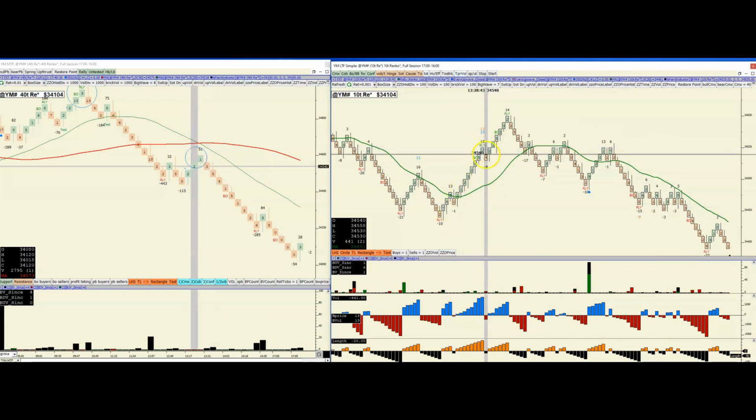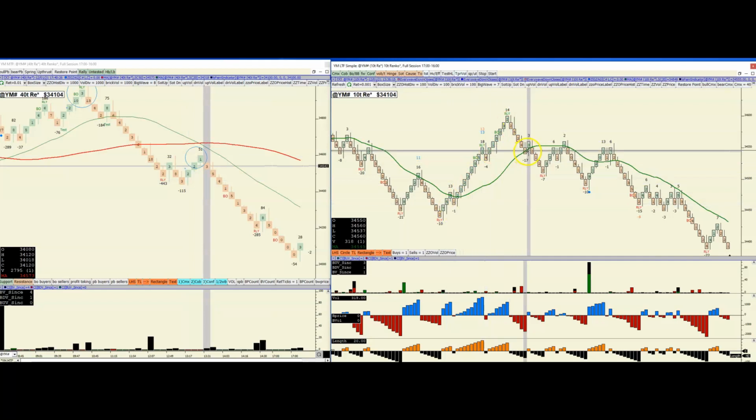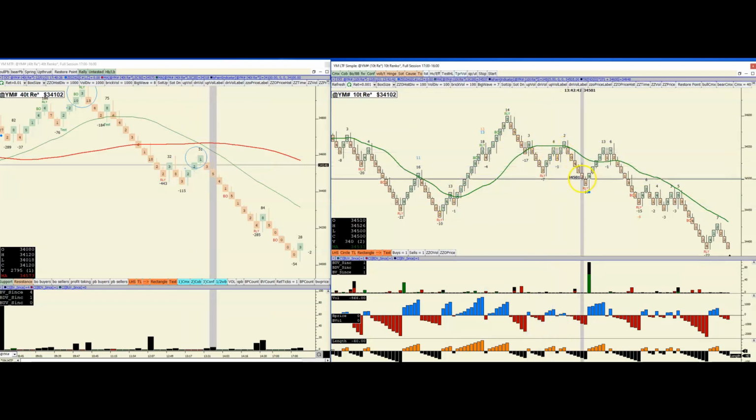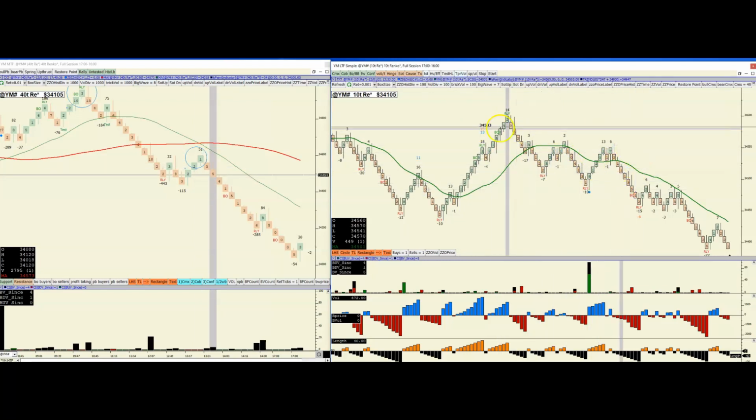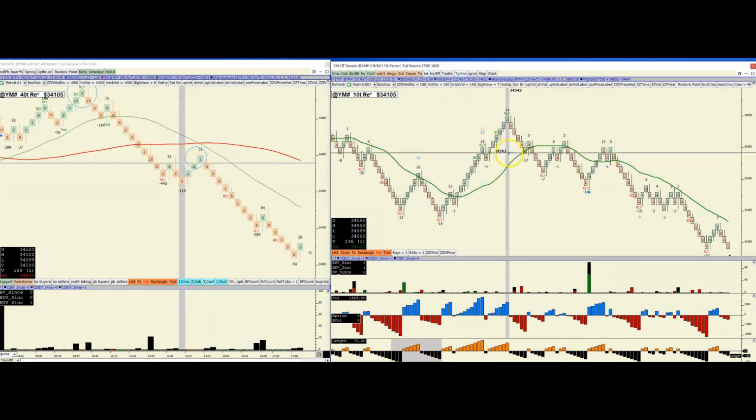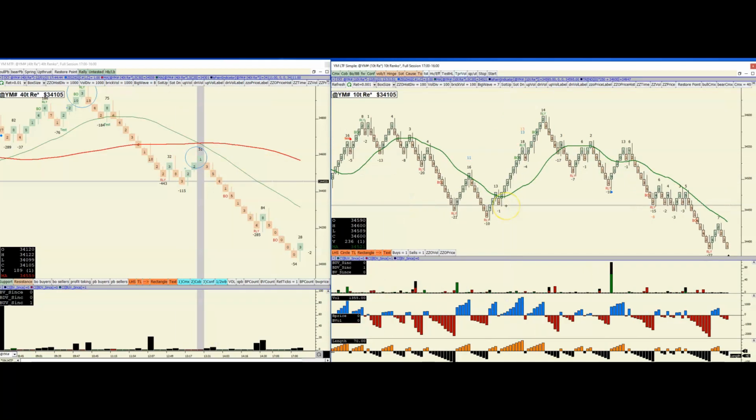Market rallied, went up, pulled back. Nothing. It's non-evident. The distribution is non-evident.